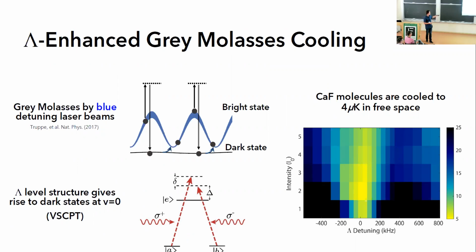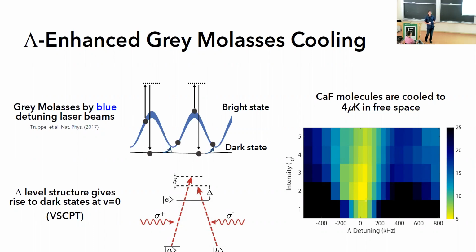The idea here is that in the molecule, we have both some dark state and a bright state, and you rely on motional coupling from the dark state into this bright state. The molecule rides up this potential hill that's just set by the AC Stark shift of your light, and then gets excited and falls back down. And the Sisyphus-like cooling effect gets repeated many times, and this cools your molecule further.